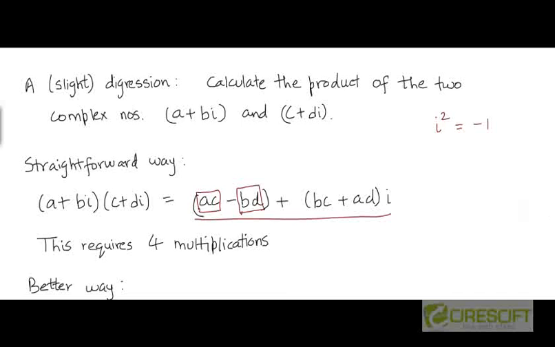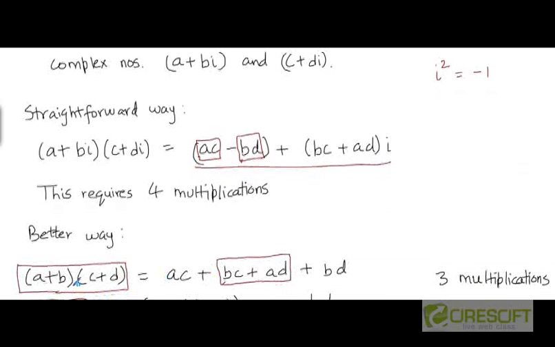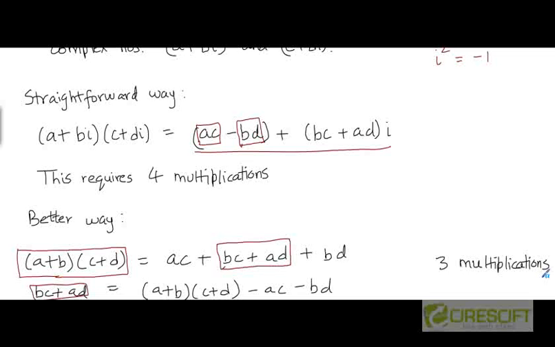We can optimize this calculation by computing a plus b times c plus d. Of course, we would need to do these 2 additions first before we can multiply them. But then we are trying to cut down on the number of multiplication operations, assuming that addition is cheap compared to multiplication.